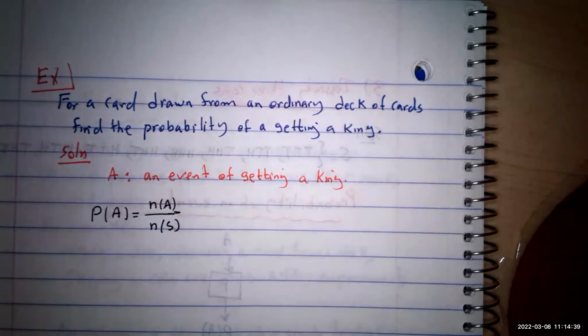If a family has 3 children, find the probability that all the children are going to be girls.